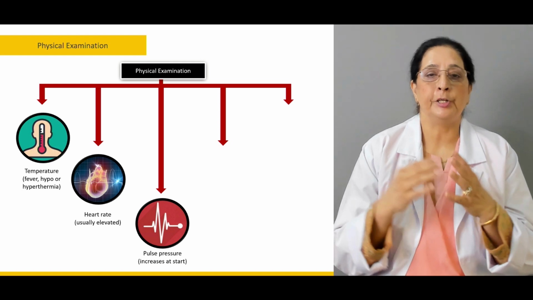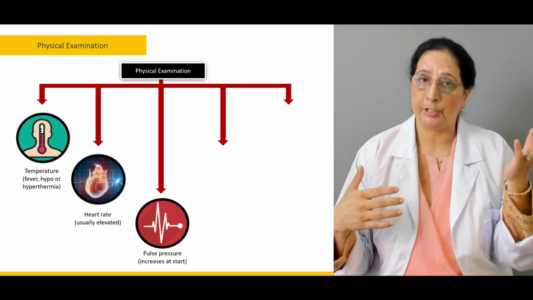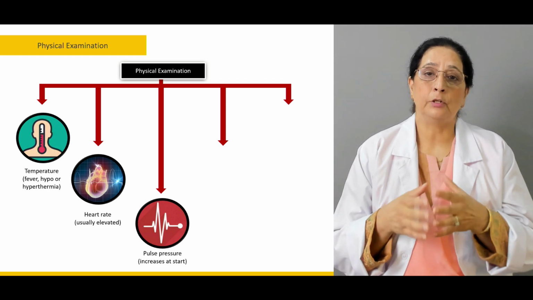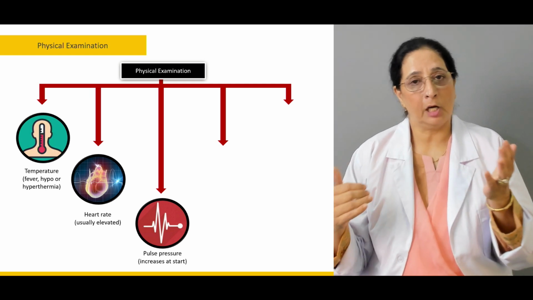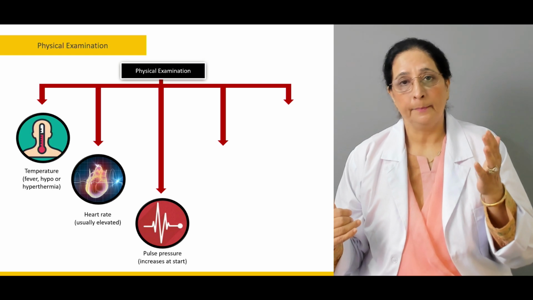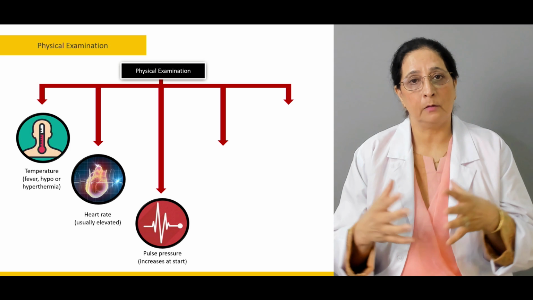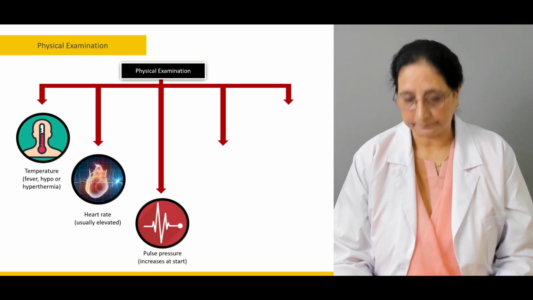In sepsis and shock, the systolic blood pressure may be 100 and the diastolic maybe 60, so the pulse pressure is increased, to about 60. So that's how it affects.